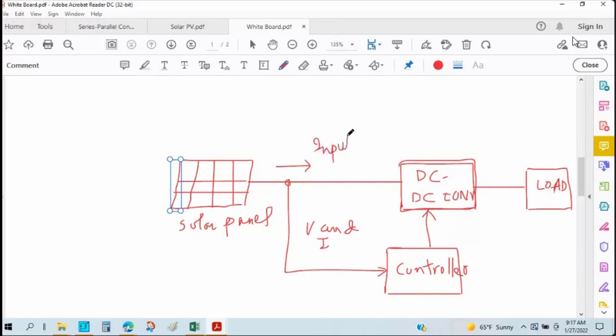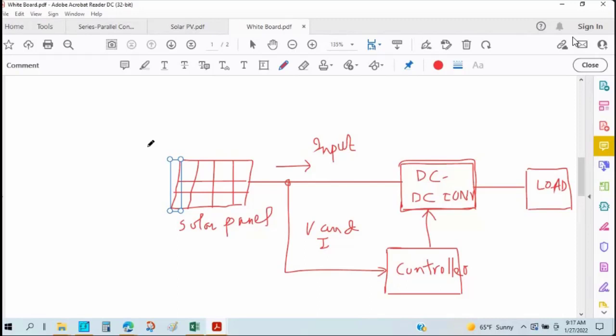Simply we can say it's a DC transformer, in the sense that in case of an AC transformer, we step up or step down the AC voltages, right? In case of a DC-DC converter, we can either step up or step down the DC voltages.